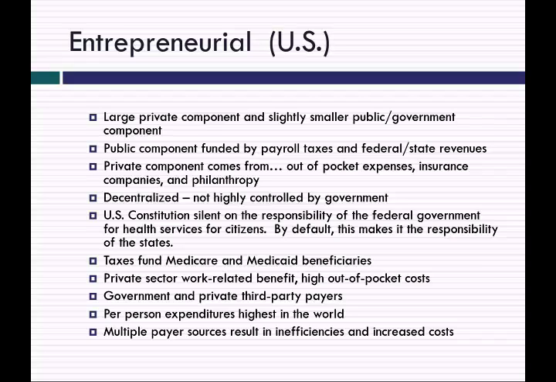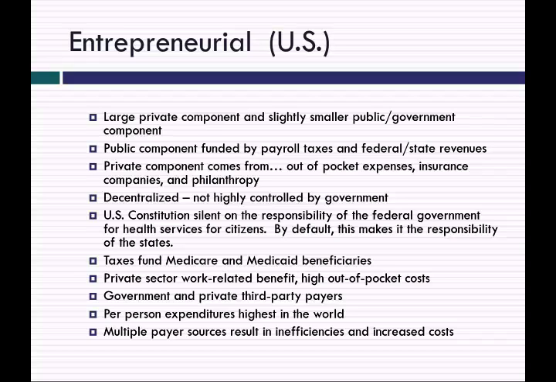The per-person expenditures are the highest in the world. Individuals in the U.S. pay the highest amount toward healthcare compared to any other country in the world. And this multiple-payer format of our entrepreneurial system has really resulted in inefficiencies and increased costs.